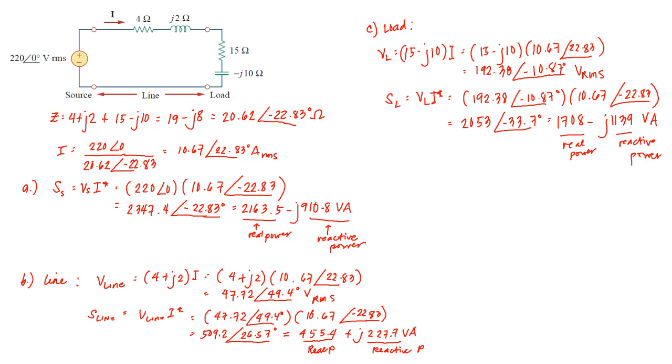So this will be equal to 2053 angle negative 33.7 degrees, or in rectangular, this is 1708 minus j1139 VA. So this is the real power, and this one is the reactive power.